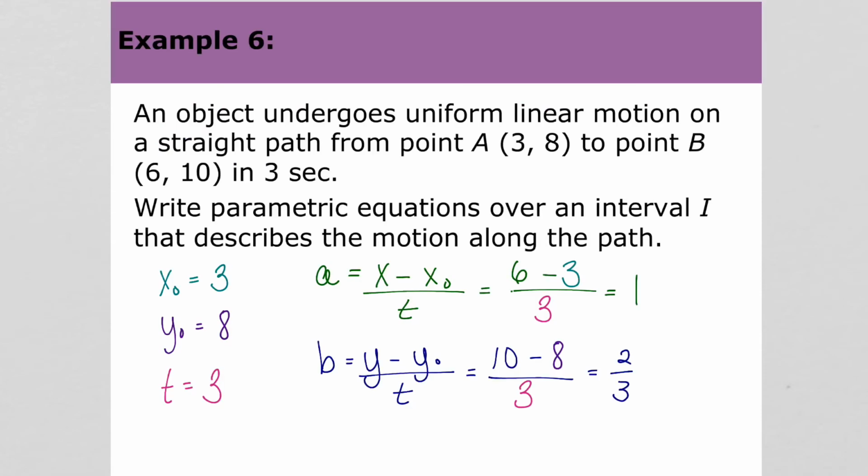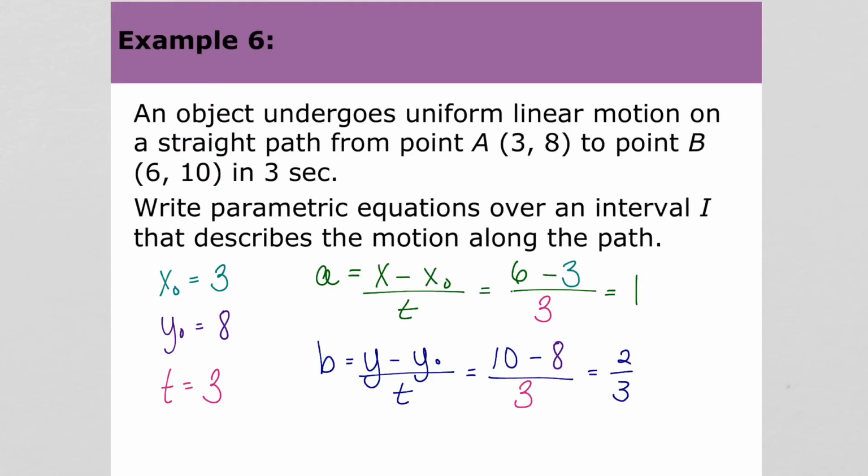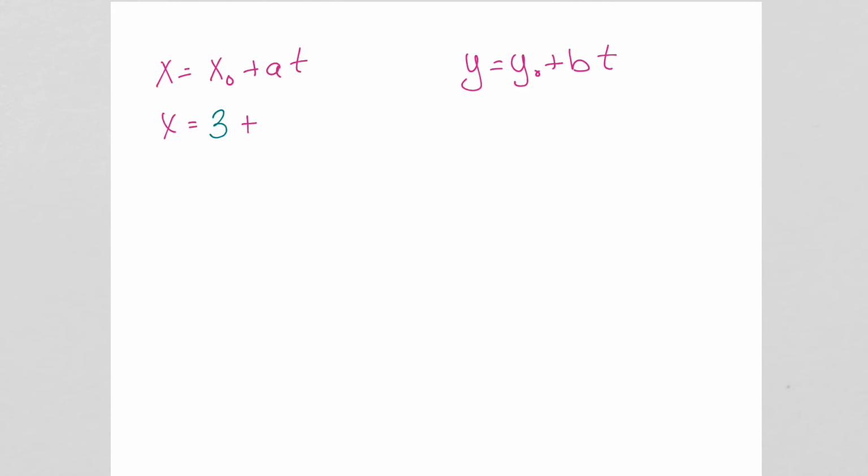So we're wanting to write x equals x naught plus at and y equals y naught plus bt. And we found all we need here. x naught was 3. a was 1. And we can simplify that.